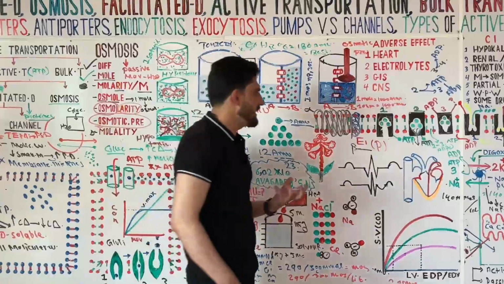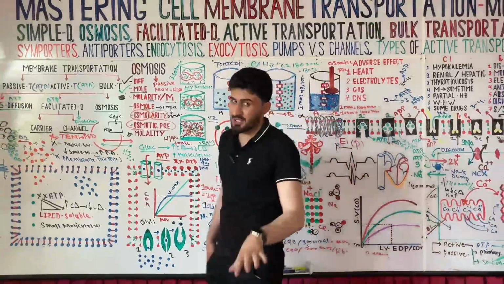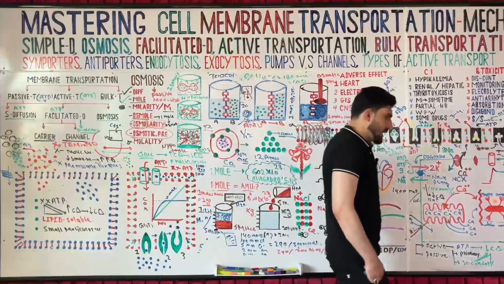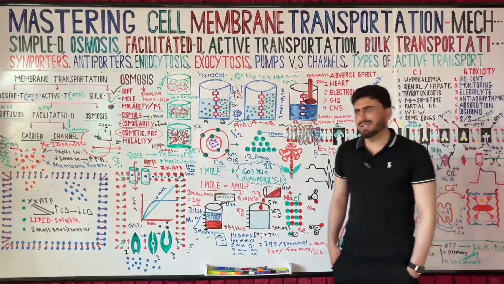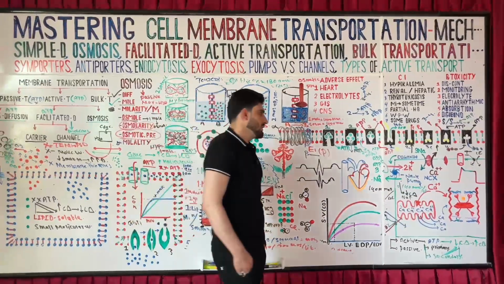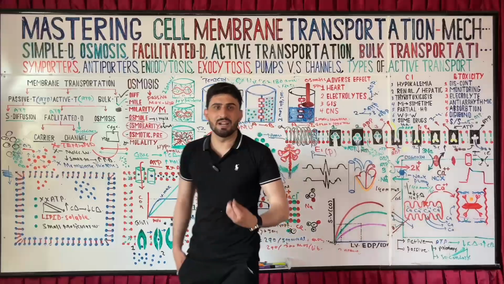In hypoxia, the function of sodium potassium pumps is decreased. Why? Because when I don't have enough oxygen, I will not have enough energy or ATP.